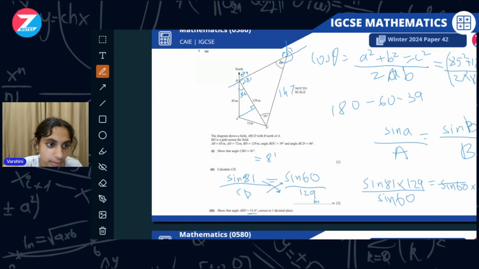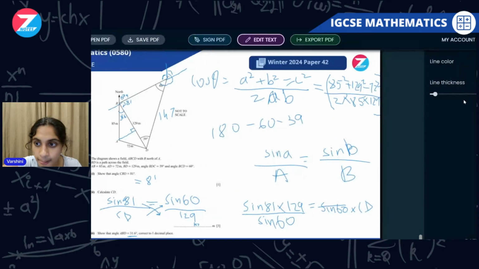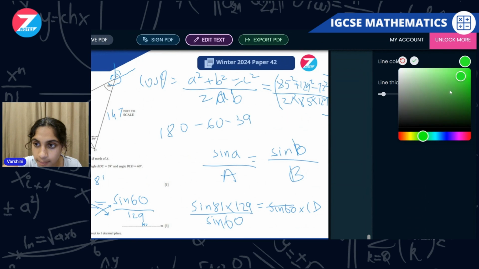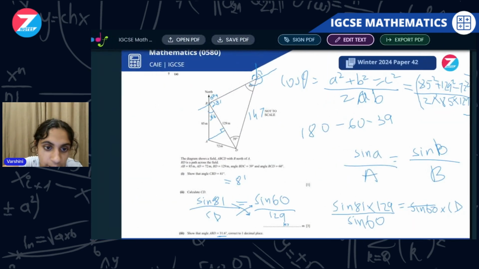But remember, we don't want this angle, because this angle is equal to this angle, but we want, let me just change the color here. We know that these angles are equal, as these two are parallel lines and this is the same line, and we want to find this angle, which will be equal to this angle, so we can subtract it from 360 to find the bearing. So now to find this angle, we know the angles in a straight line are 180, so it's just going to be 180 minus 67.4.